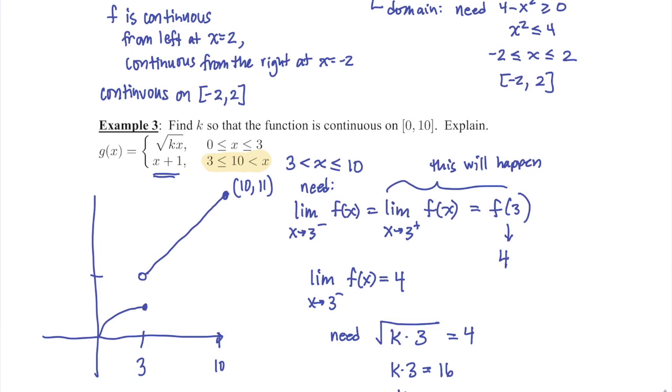And that's going to give me k is 16 over 3. 16 over 3, that's 5 1/3. And that's really close to what we saw from GeoGebra, right? So it looks like the k value we need is 5 1/3.